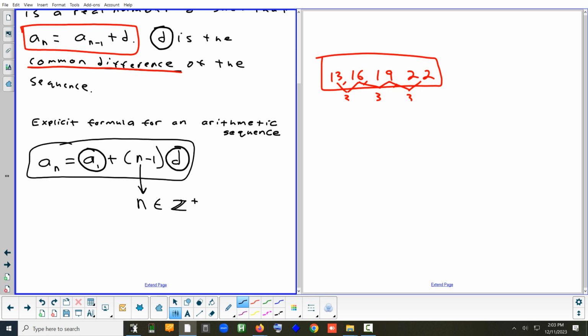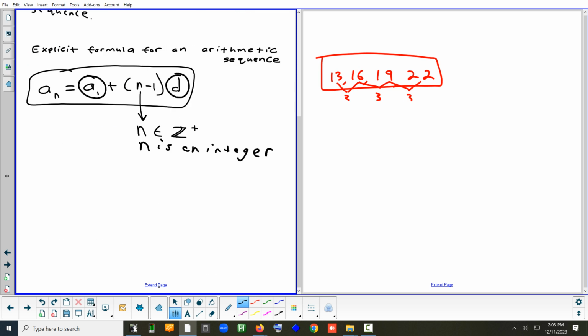And remember this notation here, this means n is an integer. I think we talked about that really early on, that a capital Z is the symbol for an integer. And actually, I should even say positive integer.